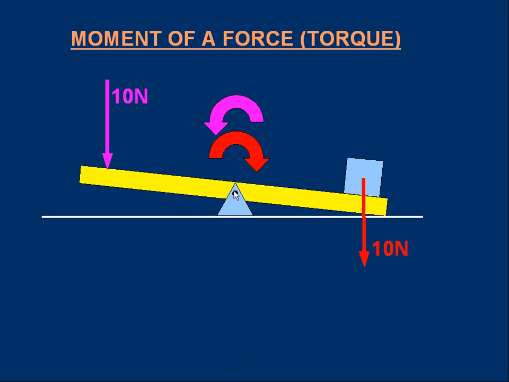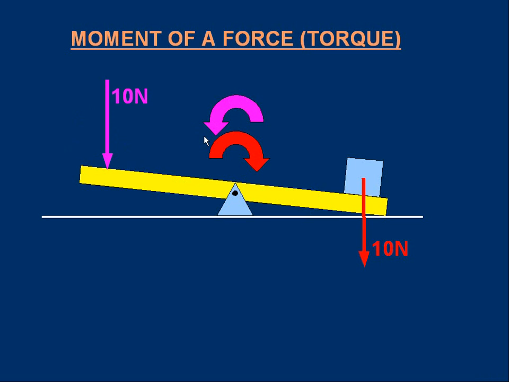What would I have to do to return the seesaw to the level? Well, one thing I could do is apply a force on the left. The weight was 10 newtons on the right. If I apply a force of 10 newtons on the left, the same distance from the pivot that the weight was, the 10 Newton force will have the effect of making the seesaw rotate anti-clockwise or counterclockwise, purple arrow.